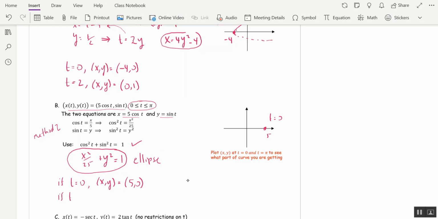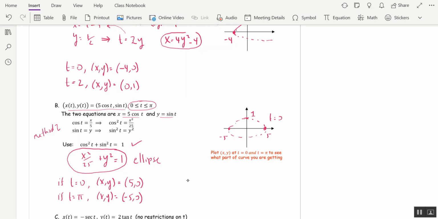So if t equals pi, then x comma y is negative 5, 0. So I'm ending over here, and I know I have an ellipse, so I'm going to dot that in. I also know that the vertices are plus or minus 5, 0, and then if x is 0, y is plus or minus 1, so this is 1 up here.